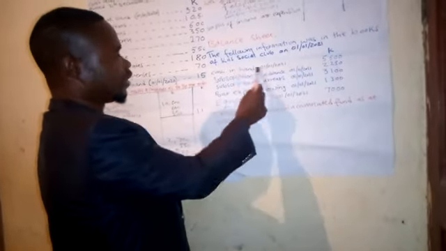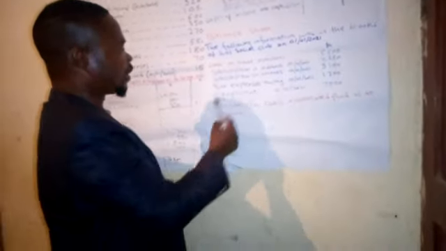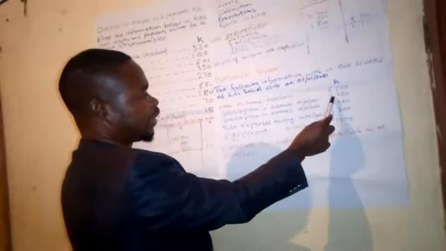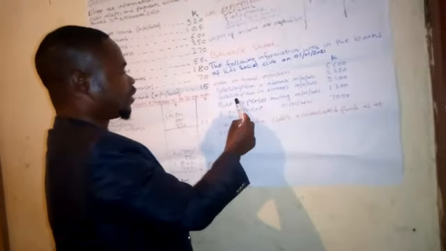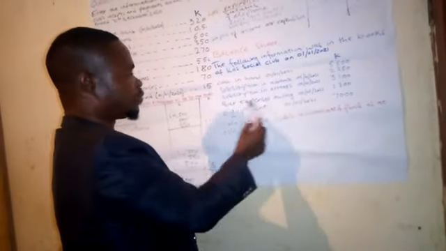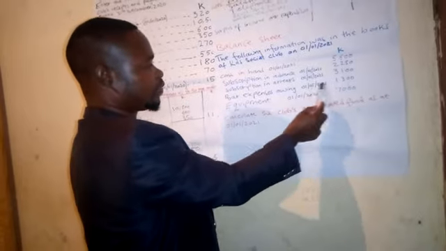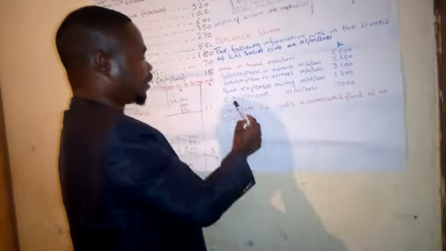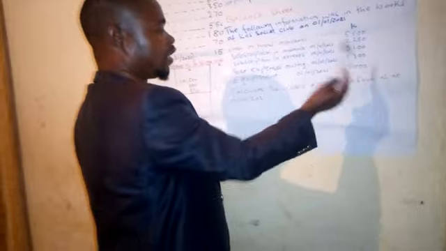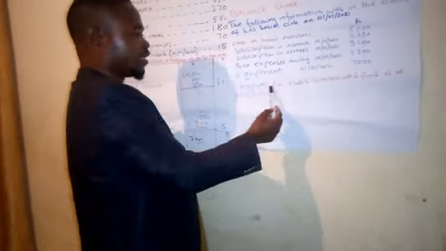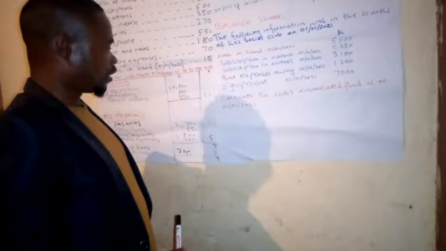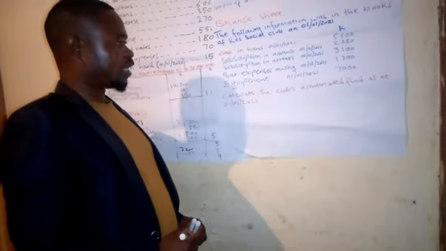Cash in hand 5,600, subscription in advance 2,250, subscription in arrears 3,100, expenses owing 1,300, equipment 7,000. Calculate the club's accumulated fund as at 1st January 2021.